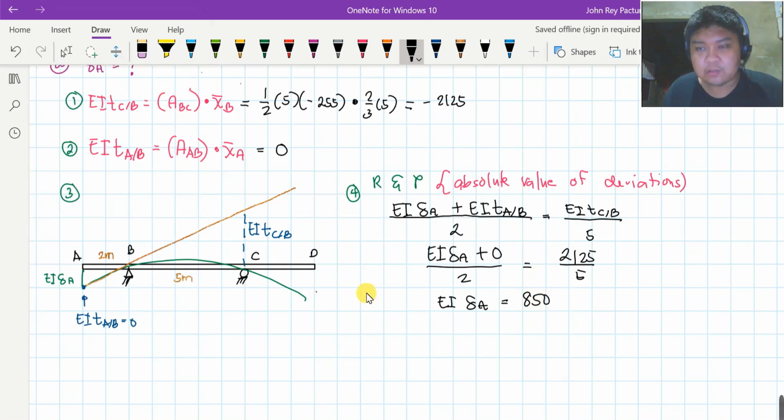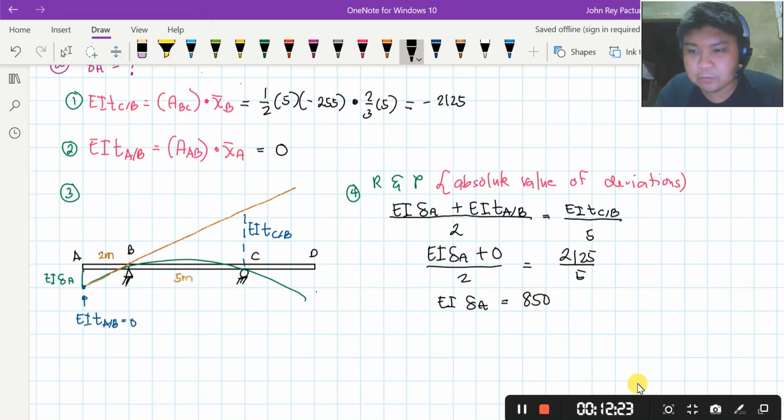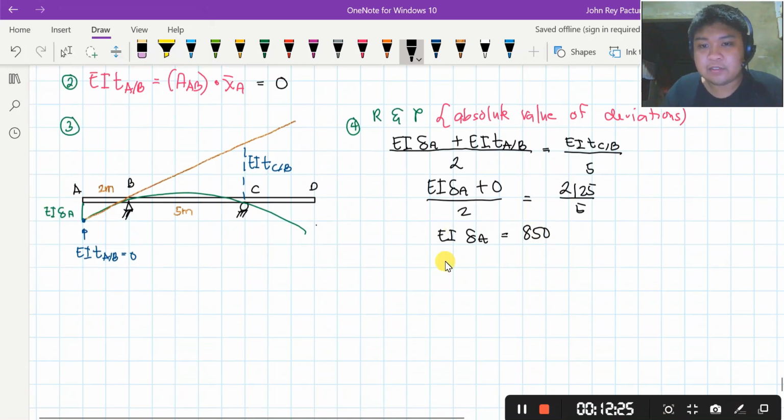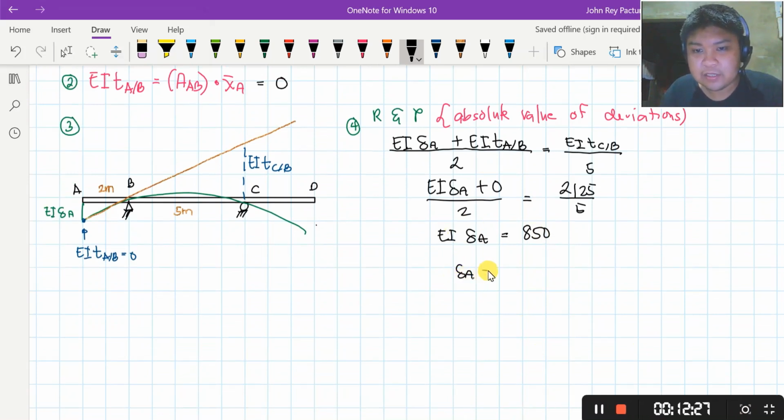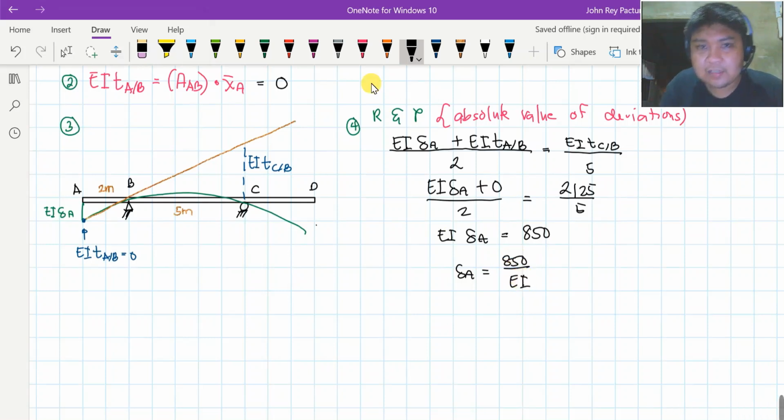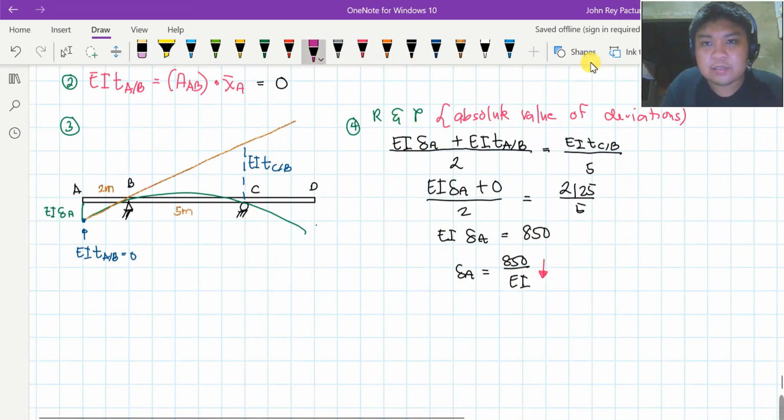Okay? So, lahat nga ng mga sagot natin sa ratio and proportion ay mga positive. So, therefore, ang magiging deflection at A natin, class, ay 850 all over EI. And indicate mo na lang na downward siya. Tama ba? So, yes, this will be the final answer for this part.